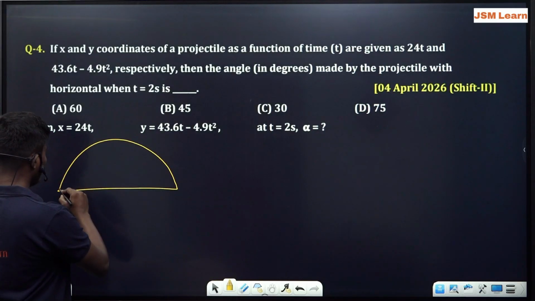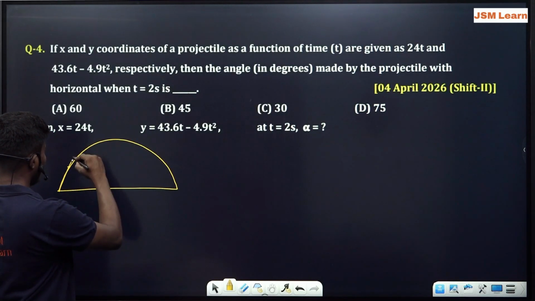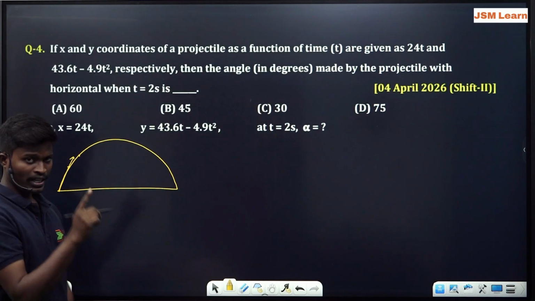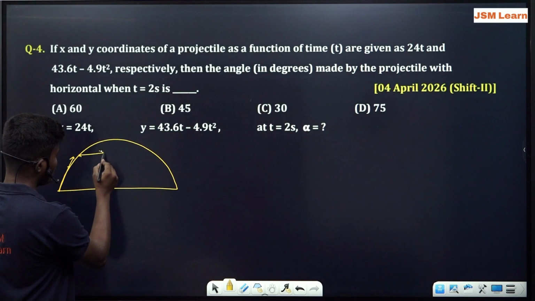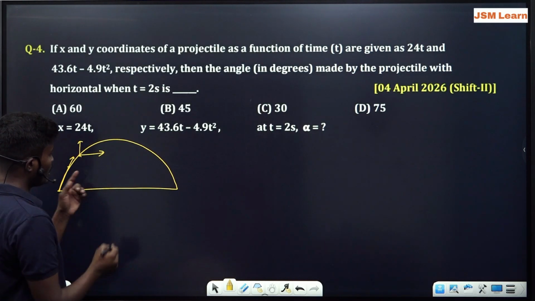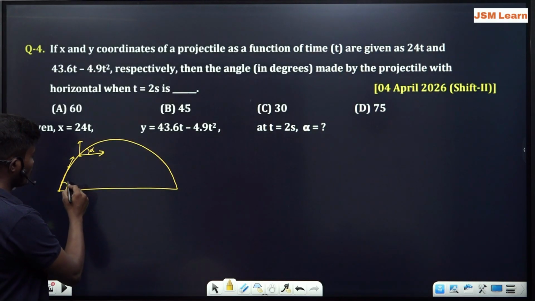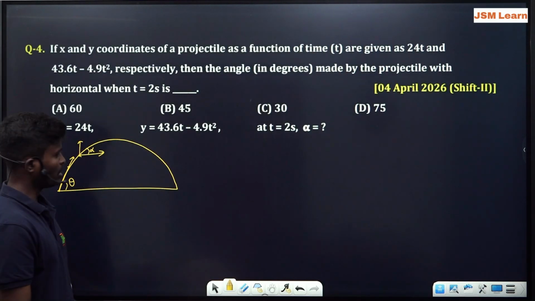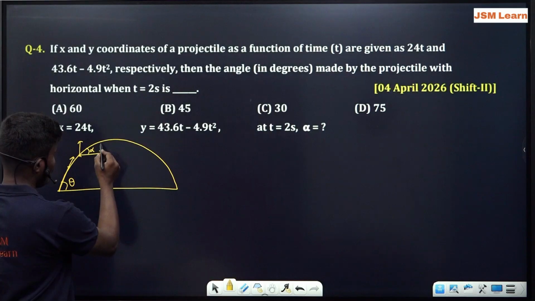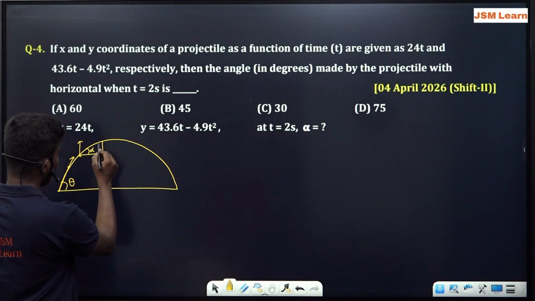Now after 2 seconds of projection, it will reach some point. At that point, he is asking the direction. This angle he is asking. Let us consider it as alpha, because theta will be the angle of projection. To find this alpha, we have these values from this triangle.